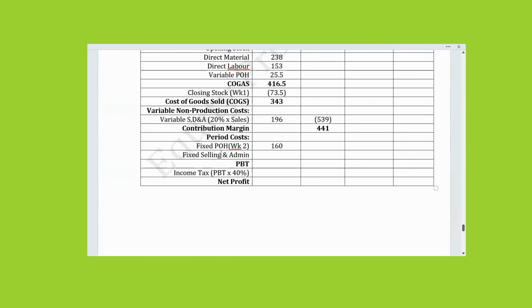Fixed selling, distribution, and admin is calculated as 180,000 divided by 2, that's 90,000.